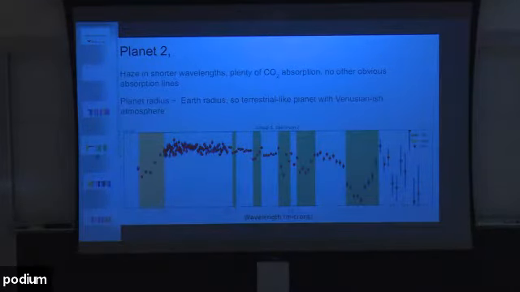Right, so this was the second planet in our list, and if you're a fan of CO2, this might be the one for you. As you can see there in the green, there's our various CO2 lines that we identified during our analysis, but we also identified the possible presence of a haze, highlighted in the orange. Also around 1.6 microns, we potentially highlighted the presence of carbon monoxide as well, but it had a similar strength to CO2.